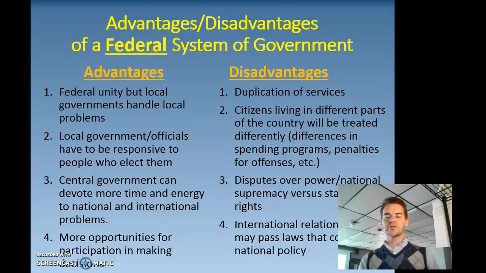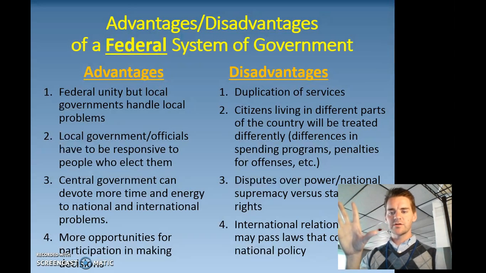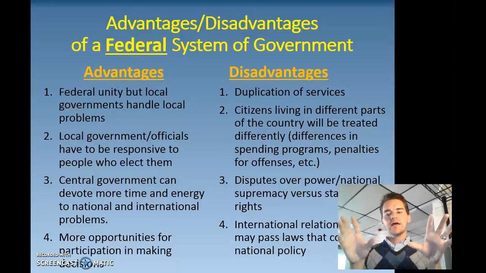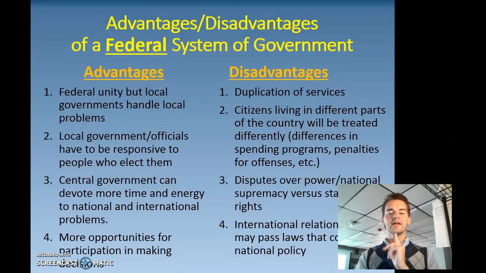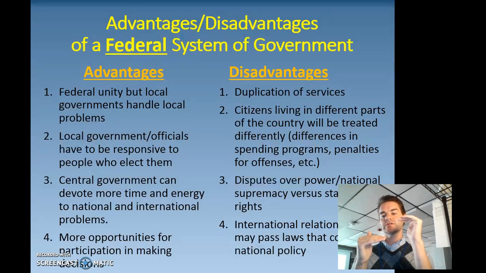Sometimes you also get disagreements about which powers should be state powers, which powers should be national powers, and that can be complicated to sort out. And it also means that every now and then a state might get a little bold and might start to do things that kind of go against what the national government recommends.